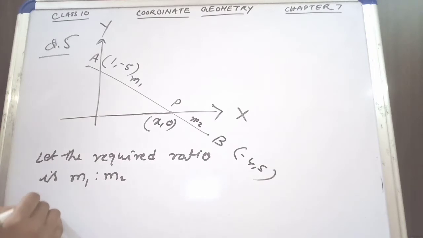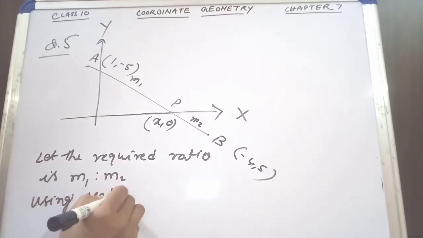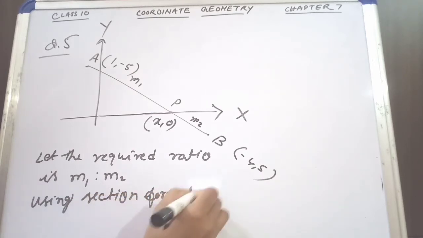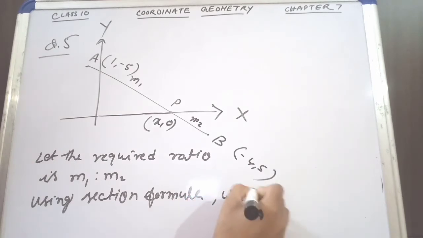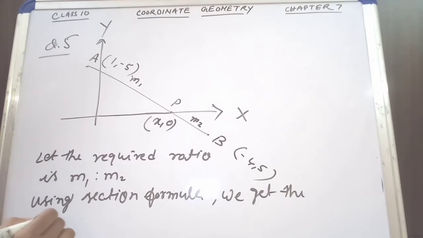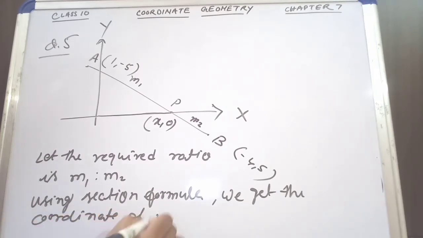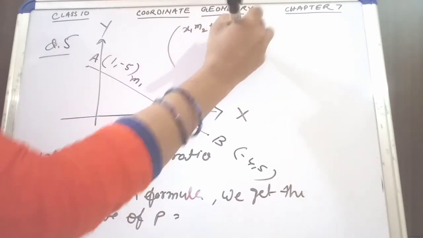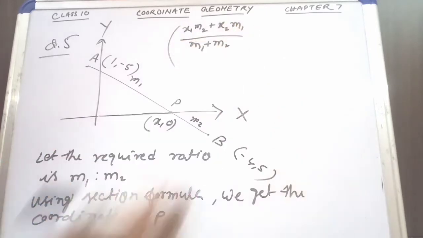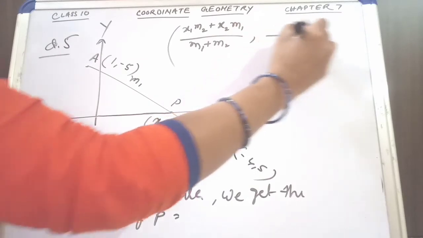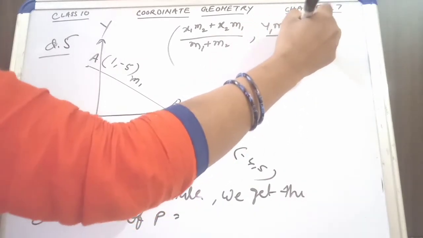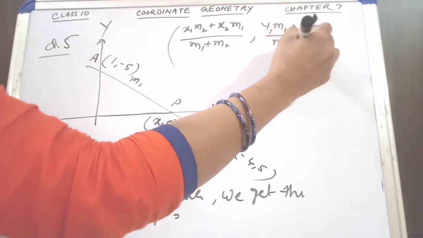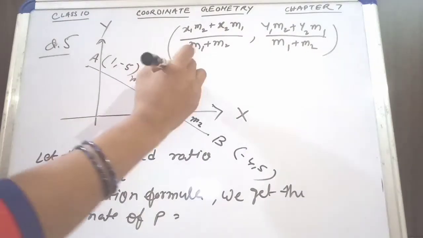So using the section formula, we get the coordinate of P is equal to (x1 m2 plus x2 m1) upon (m1 plus m2) and (y1 m2 plus y2 m1) upon (m1 plus m2). Now put the values.